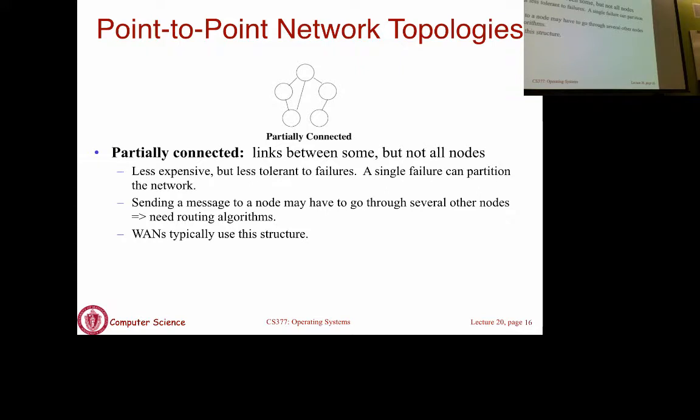If you have multiple links, then you could still send your packets along some other paths, because only one node has gone down, but there will be other links available to you. So in a fully connected network, there are more paths, and hence you have better chances of not getting partitioned. In a partially connected network, that's not the case. So you may have failures that can cause partitions of your network.